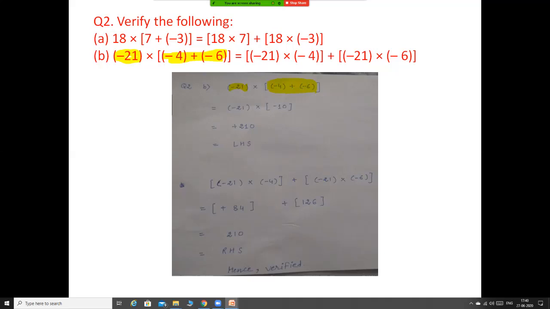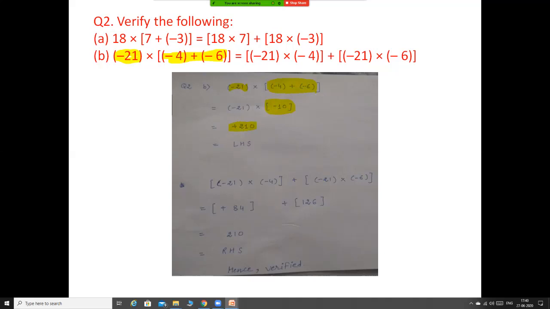Minus 4 minus 6, answer is minus 10. Now minus 21 into minus 10, answer is 210. So left hand side answer is 210.